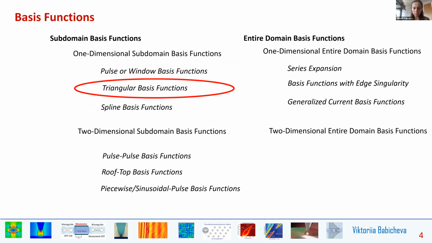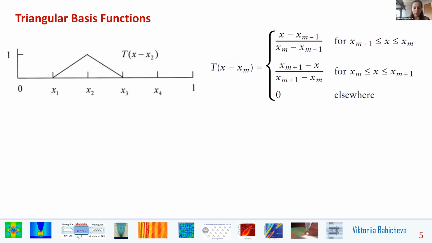Next, we talk about triangular basis functions. And the triangular functions, or piecewise linear functions, can be differentiated twice. So they define it by this expression, right? Or you can see the representation on this plot.